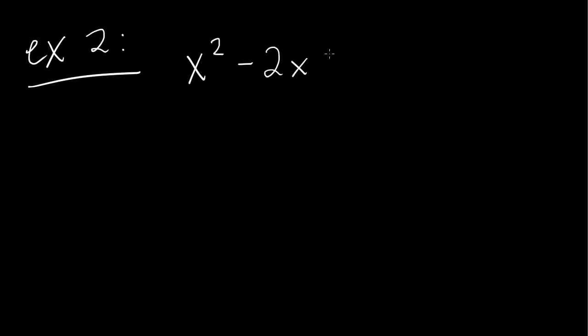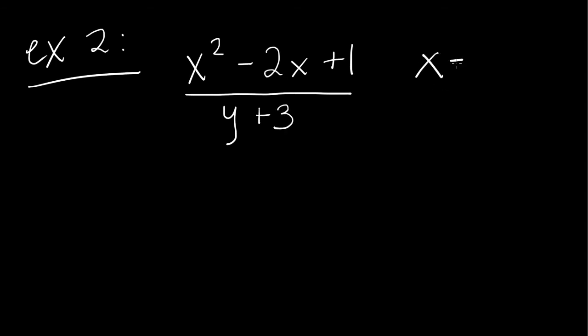So now we're going to get a little bit harder. So let's say example number 2. All right, let's say x squared minus 2x plus 1 over y plus 3. And we're told if x equals 1 and y equals 4. Actually, let's do negative 4.